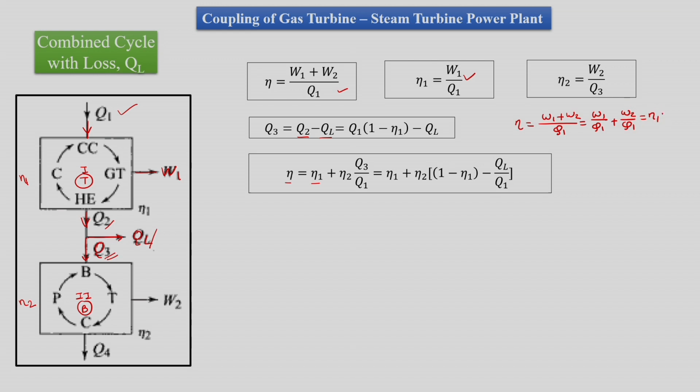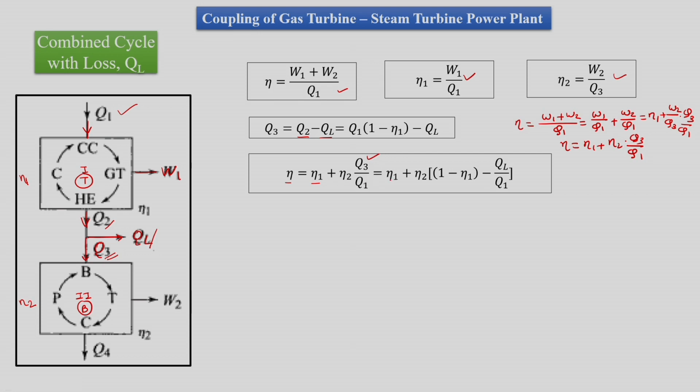And W2 upon Q1 can be expressed as W2 upon Q3 into Q3 upon Q1. So eta is equal to eta 1 plus W2 upon Q3, which is eta 2. So this is eta 2 into Q3 upon Q1, and this is what we have written here.